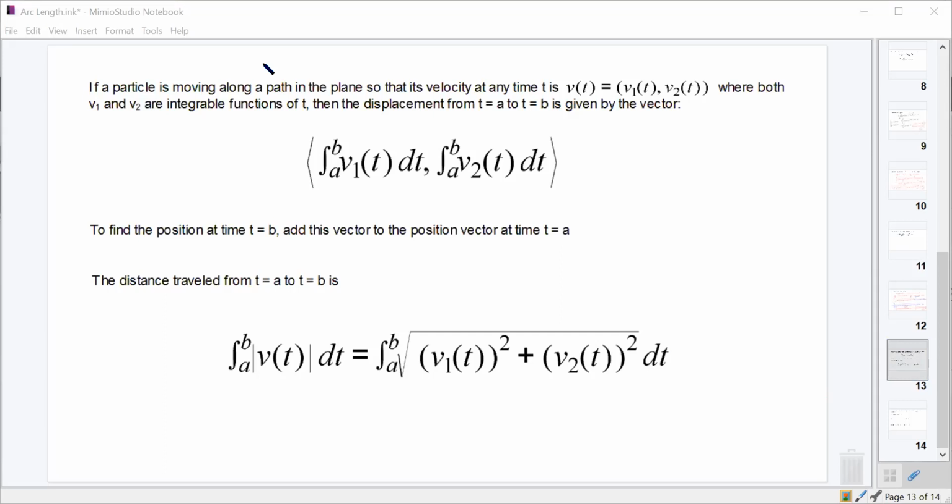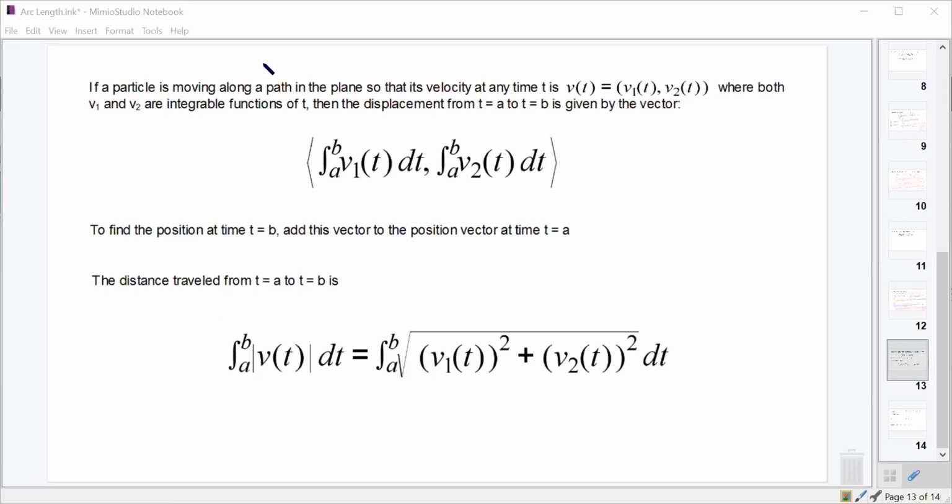So basically all this is saying is, we know that we can get a displacement vector. I think we could intuitively understand that since we took a derivative of a position vector to get a velocity vector, if we integrate a velocity vector, it's a position vector or displacement vector. Same thing.